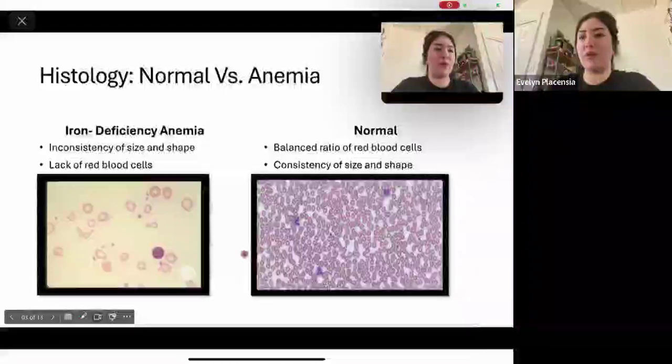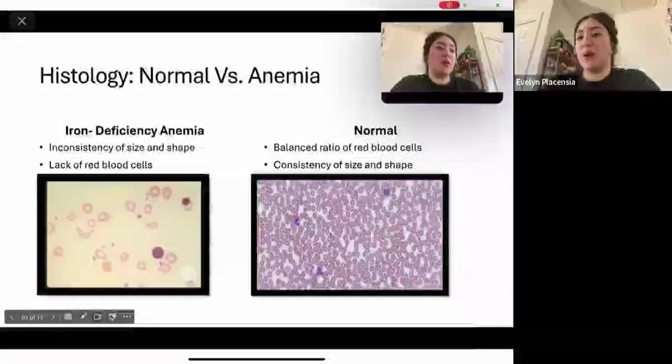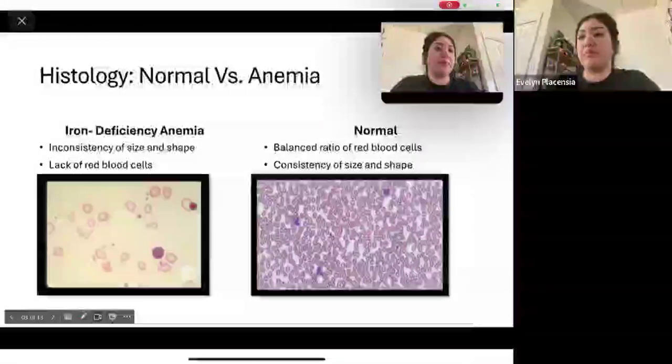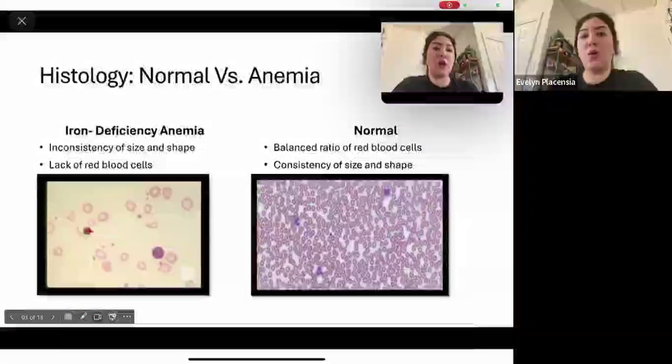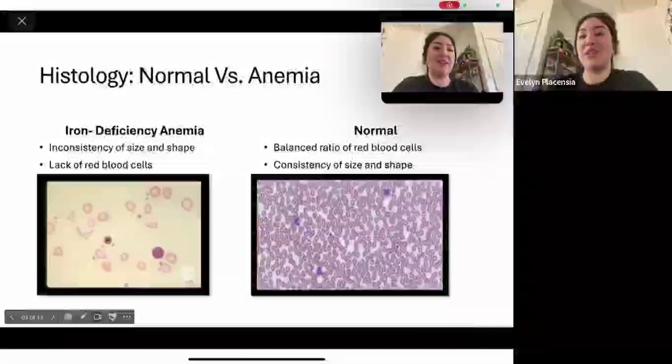If you were to compare between this image and this image, these are your red blood cells. They are inconsistent. They're not pigmented at all in comparison to these. Their size and shape, they're not cohesive, and there's a lack of those cells.